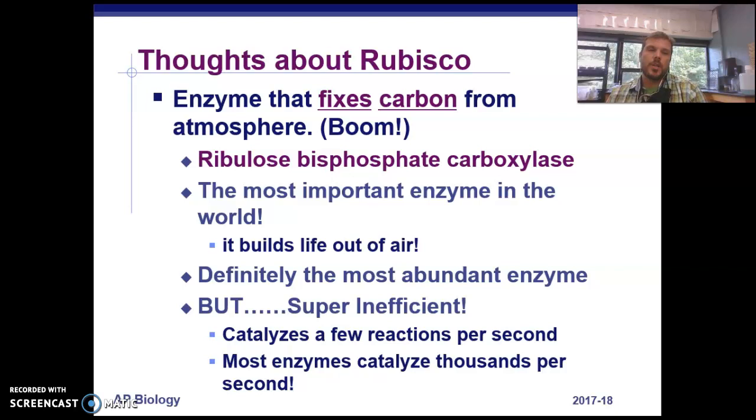You have to think about the idea that most enzymes catalyze thousands of reactions per second. This enzyme, Rubisco, catalyzes a couple, 3, 4 per second, which is really, really slow. But, you know, it's really important too. So thanks, Rubisco.